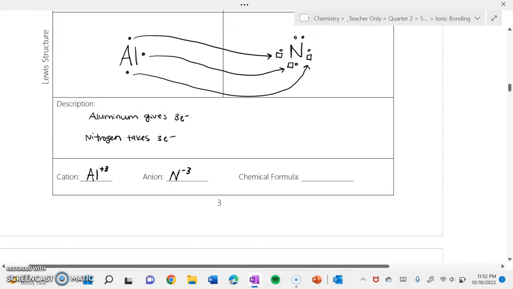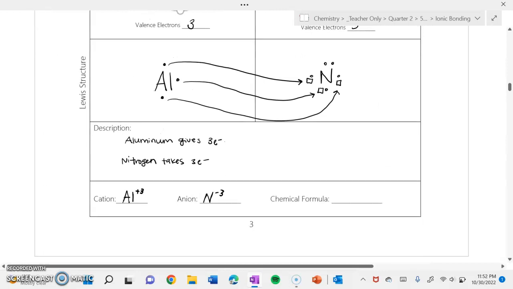Now to write the chemical formula, you can look at your picture and just count how many of each atom. This one's really straightforward because it's just 1 of each. And our chemical formula would be aluminum 1, nitrogen 1. These subscripts at the bottom are used in a chemical formula to tell the quantity.